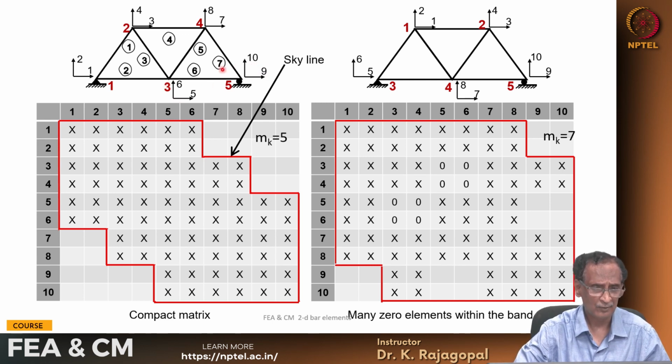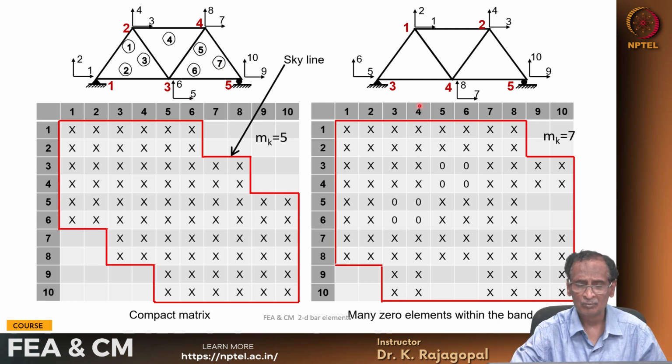So the half bandwidth is 5 and so on. But if you look here, your degree of freedom 1 is connected to degree of freedom 8. So the difference is 8 minus 1, that is 7. So the half bandwidth is larger here.